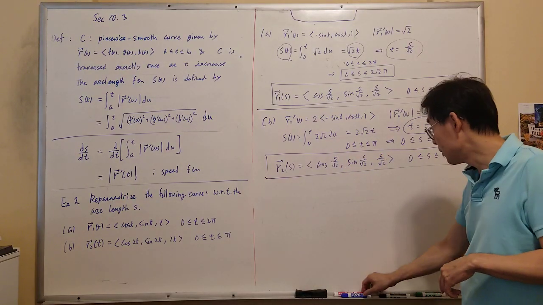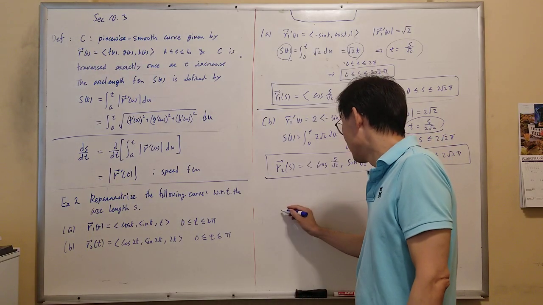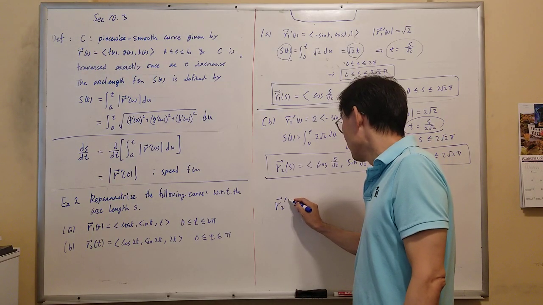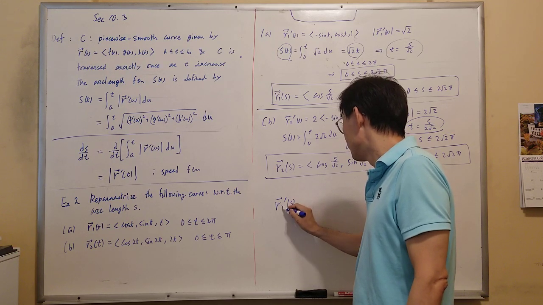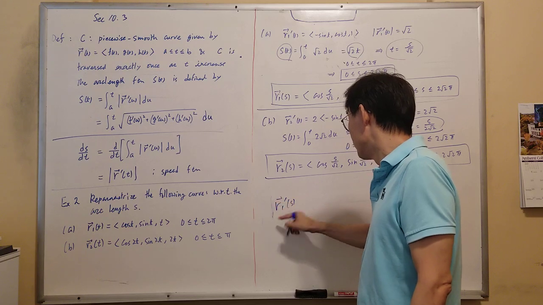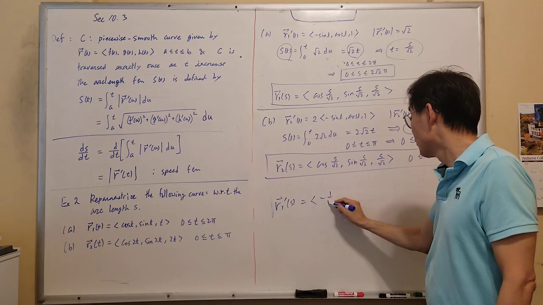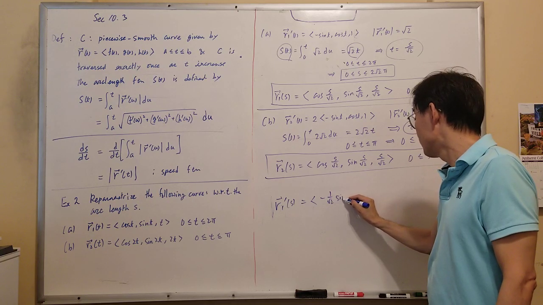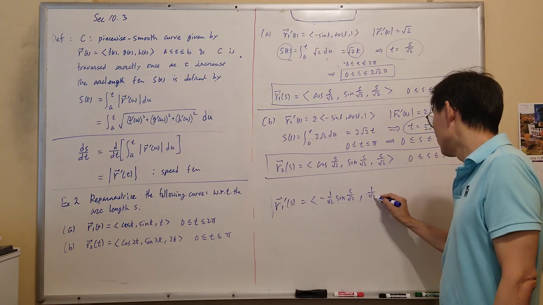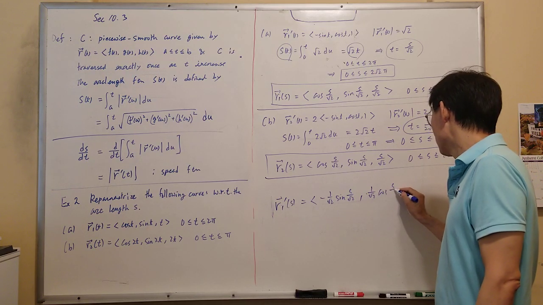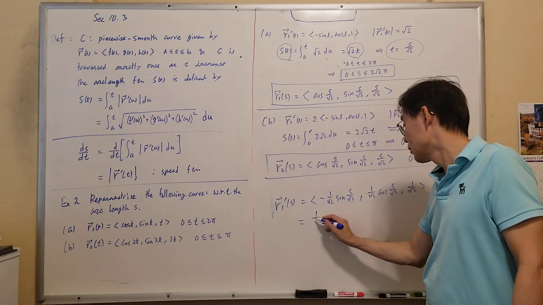And also, another thing: if you take the derivative, what do you get? Minus 1 over square root of 2 sine of s over square root of 2, and 1 over square root of 2 cosine of s over square root of 2, and 1 over square root of 2. Take out 1 over square root of 2.